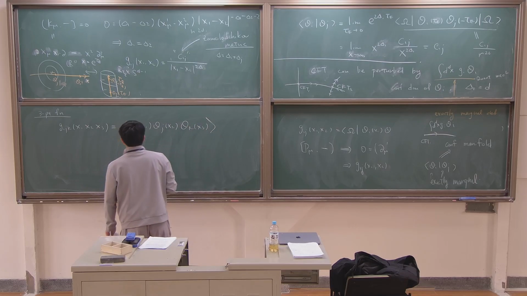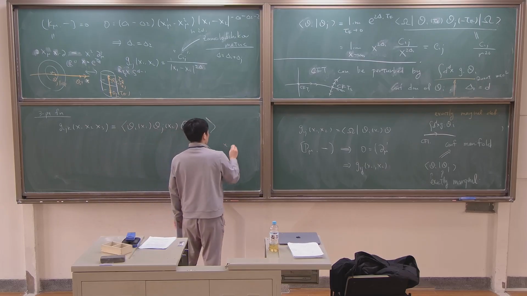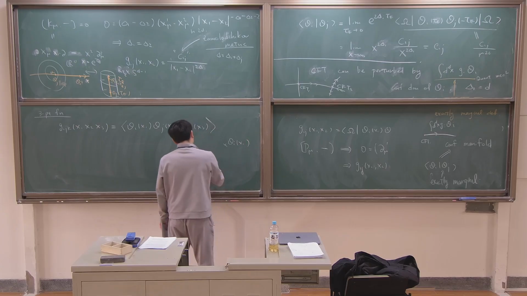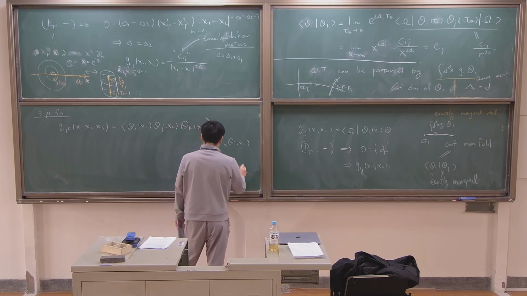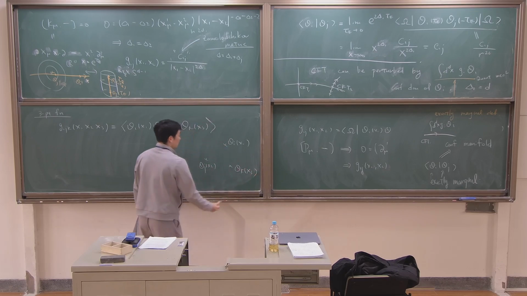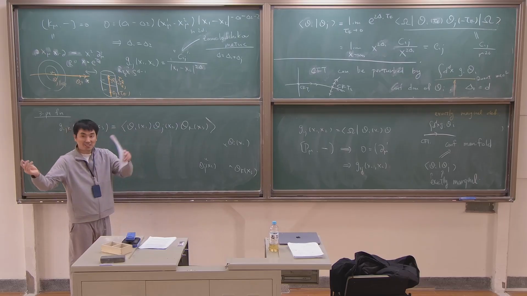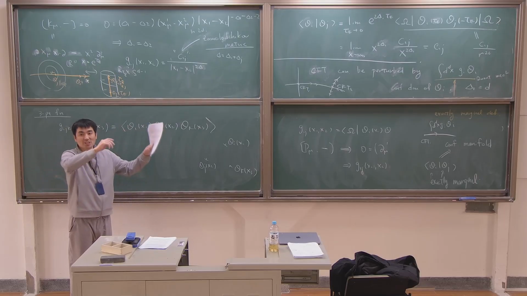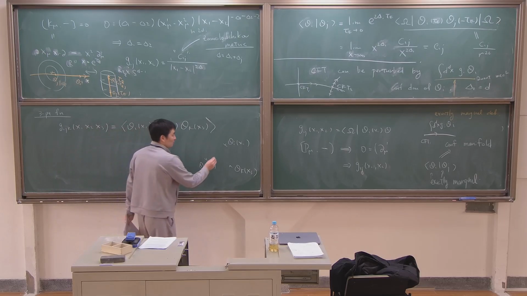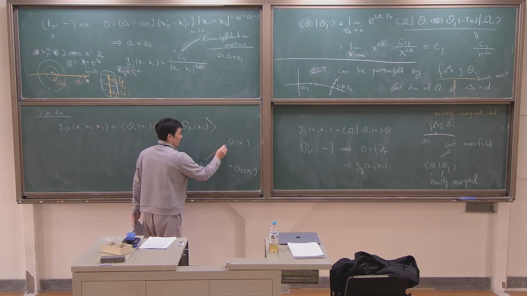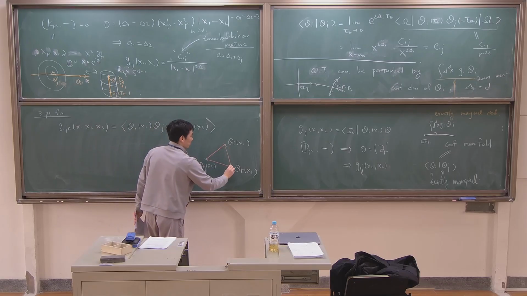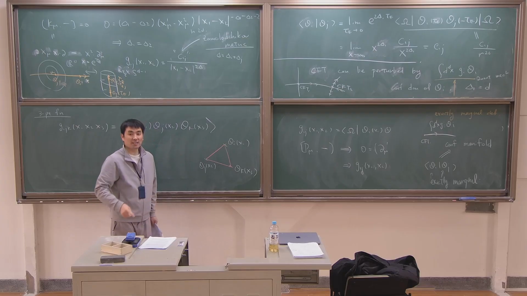This is the 3-point function we consider. Of course, this time translational symmetry is there, so what we essentially need is that it depends only on the relative distances between them.